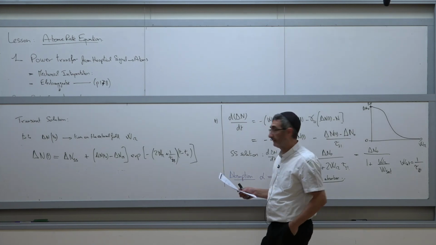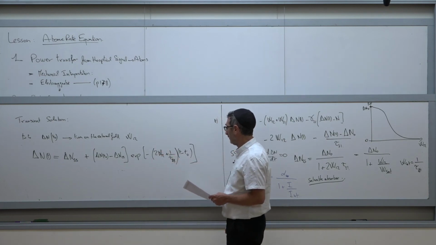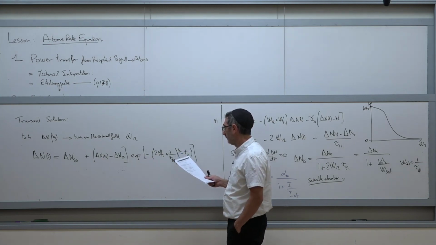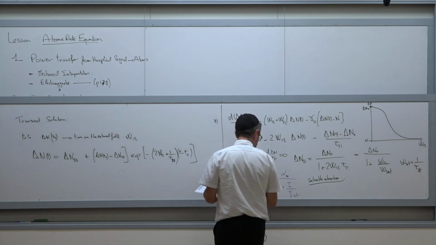If, let's say, W12 is 0, then you recover that delta n of t will go down to delta n 0. So if I plot it, I want to make a last plot.